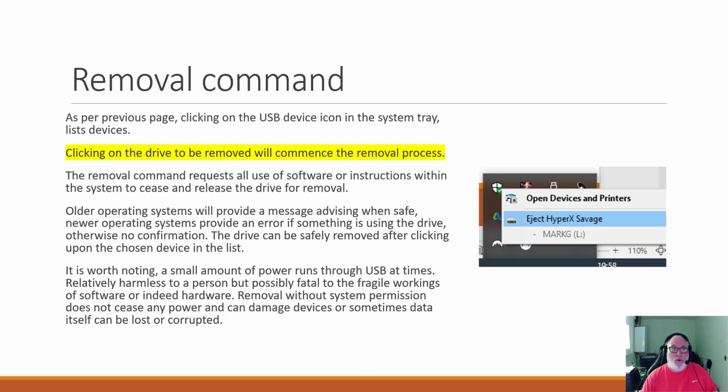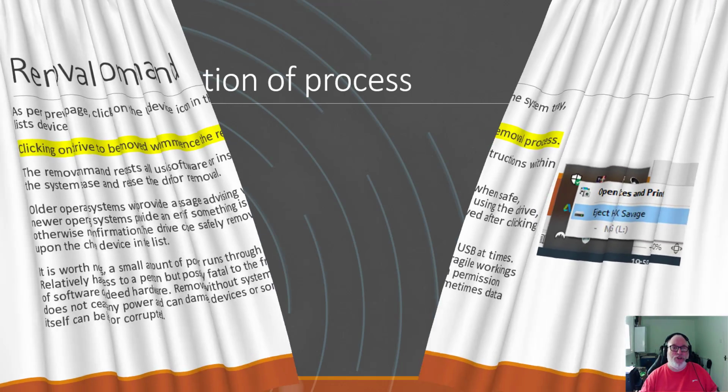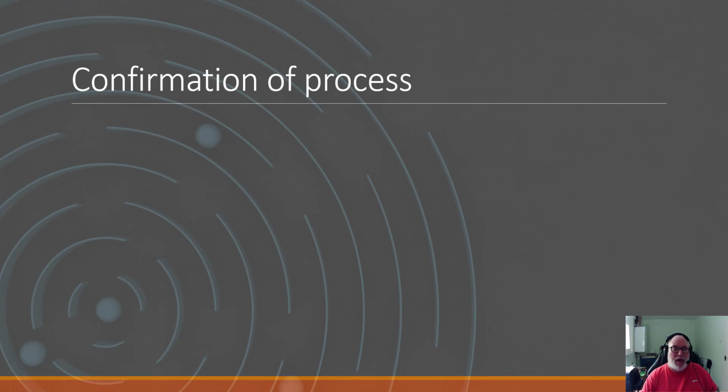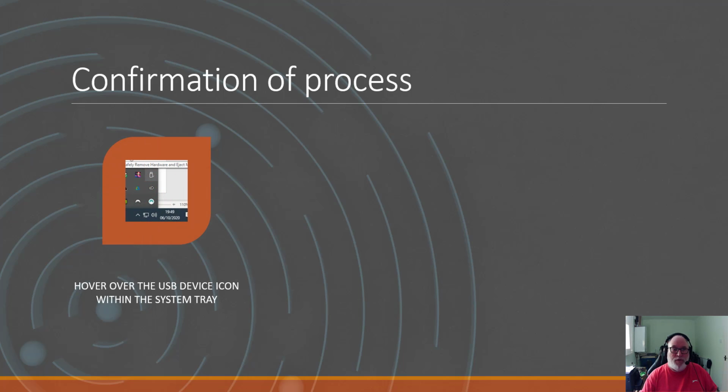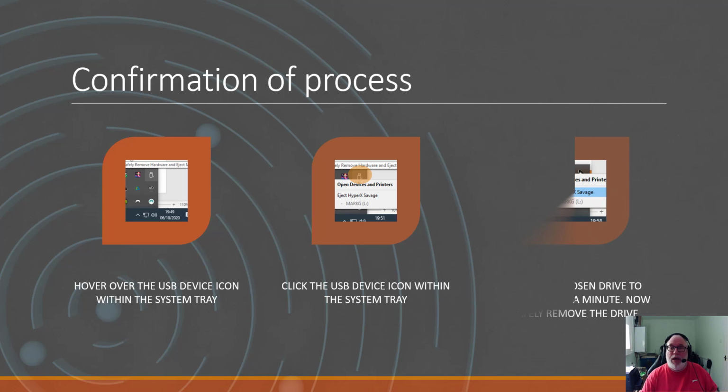Now we'll have a wee look at the confirmation of the process itself. So just in summary, looking at the actual process a little bit quicker so that we can see what we do. So the first thing is hover over the USB device icon in the system tray. Then click on it to get the list.